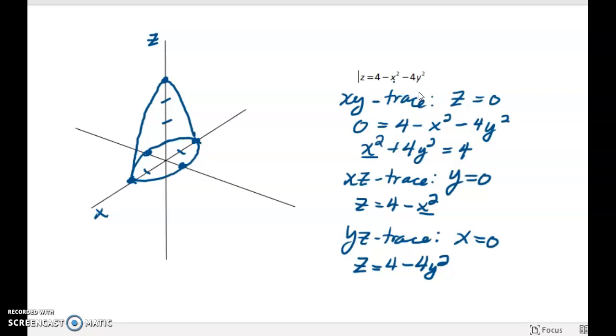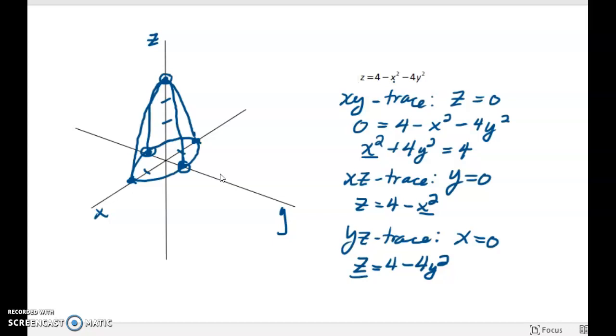When I set z equal to 0, I get 4y squared equals 4, which says y is plus or minus 1. So that's these points here. And the z-intercept is 4. And this parabola lives in the yz plane. It's skinnier than the other parabola that we just drew.